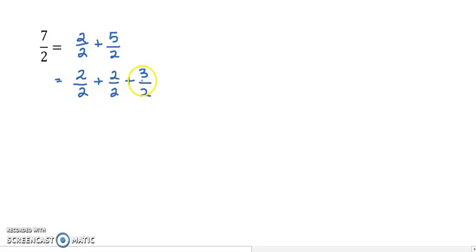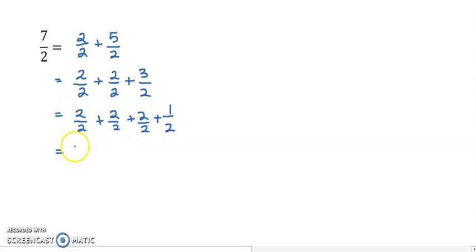But with this 3/2, we can still take out another 2/2, and then we'd have 1/2. This 3/2 is equal to 2/2 plus 1/2. And we can't get any more out of this.